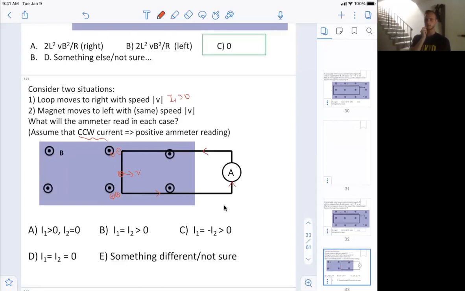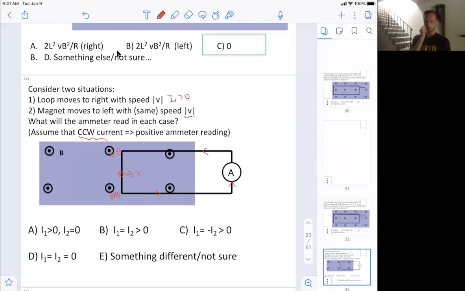So does anybody have any reason of how we figure out what direction the current will flow for scenario 2, if your magnets are moving? Any possible argument we can use? I chose B because I thought about it like neither the loop nor the magnets are non-inertial reference frames.